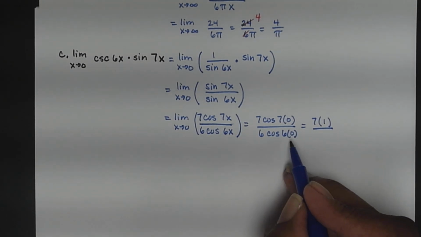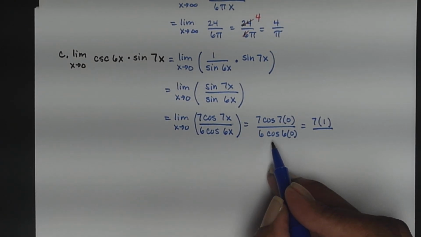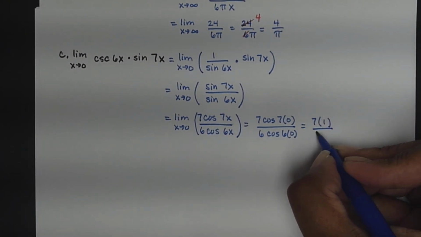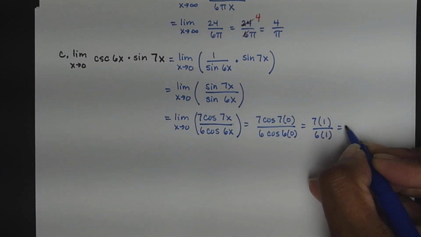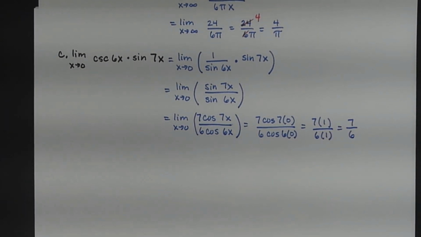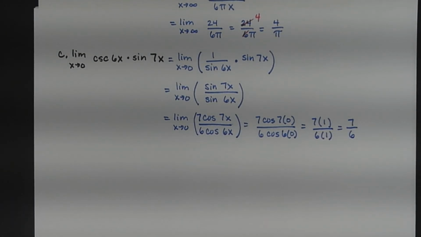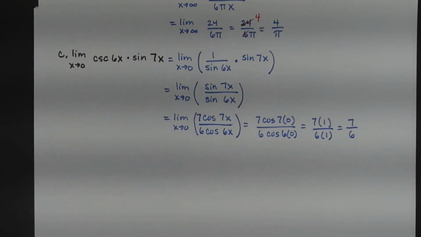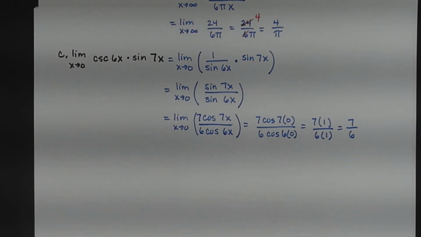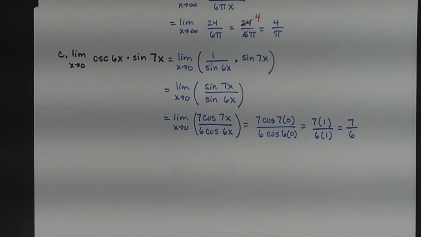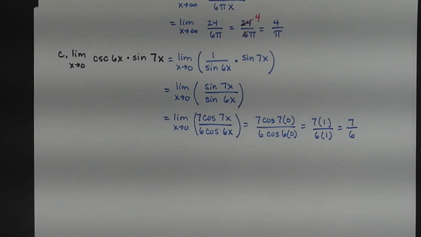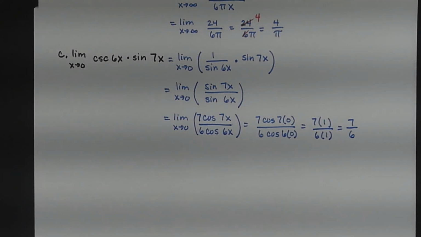Same thing here. 6 times 0 is 0. Cosine of 0 is 1. So I got 6 times 1. That ends up being 7 over 6. Okay? So that's how we use L'Hopital's rule to evaluate these limits.